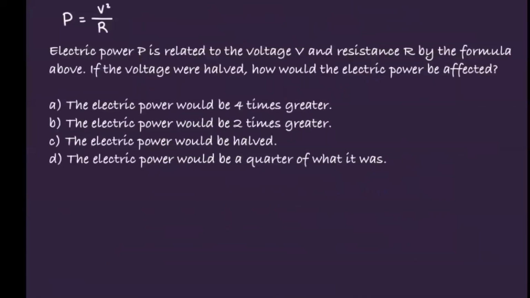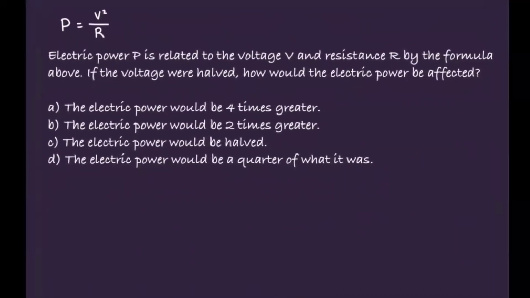Let's try one more problem. Pause the video and try this yourself. So we have the equation P equals V squared over R. Electric power P is related to the voltage V and resistance R by the formula above. If the voltage were halved, how would the electric power be affected?